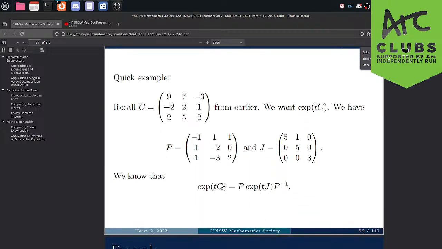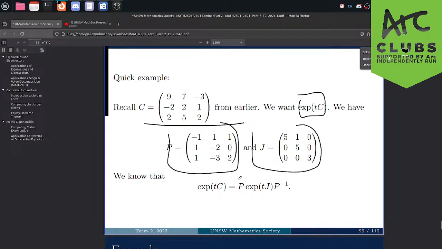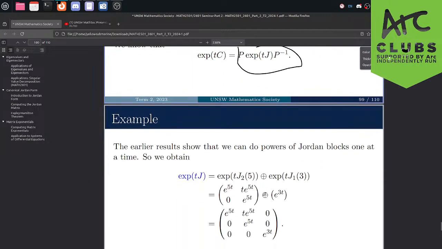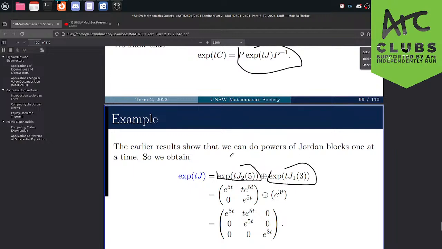Cool. So, a quick example. Recall our C matrix from earlier. Say we want to calculate exp(tC). We have P and we have J, and we substitute in this form. We break it down into its Jordan forms as such, and we use the property that the exponential function distributes over a direct sum.